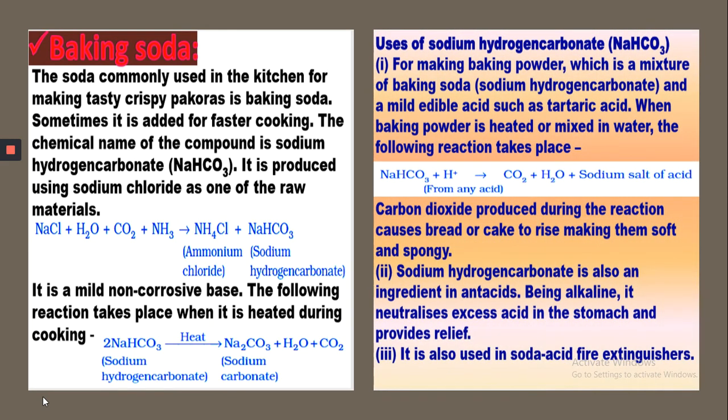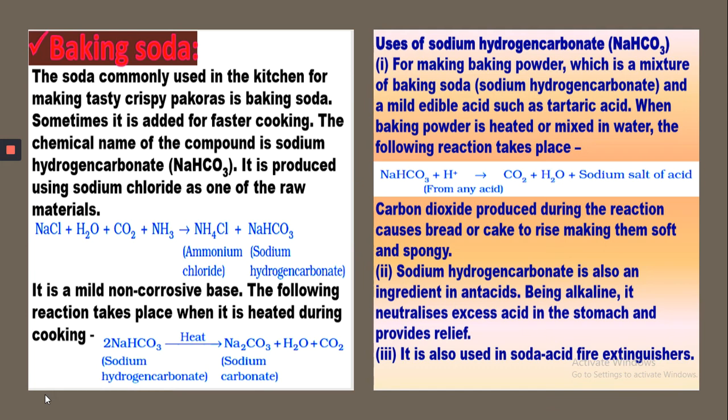It is used for making baking powder, which is a mixture of baking soda, that is sodium hydrogen carbonate, and a mild edible acid such as citric acid. When baking powder is heated or mixed in water, the following reaction takes place.